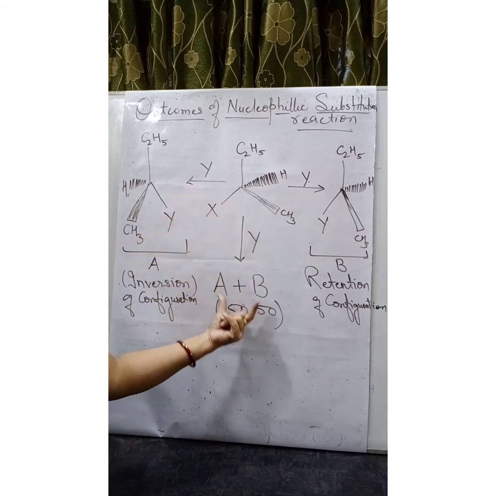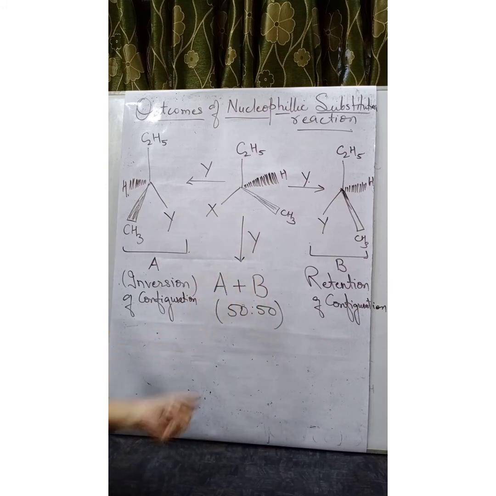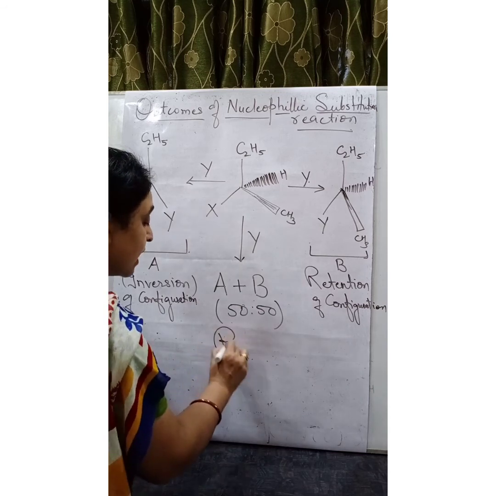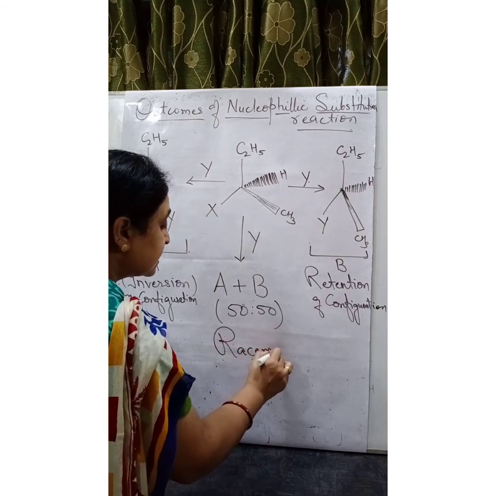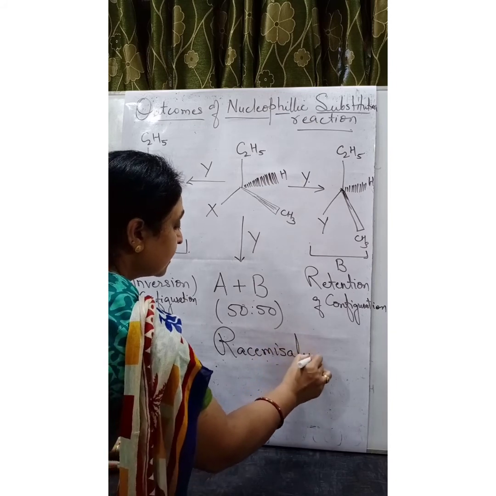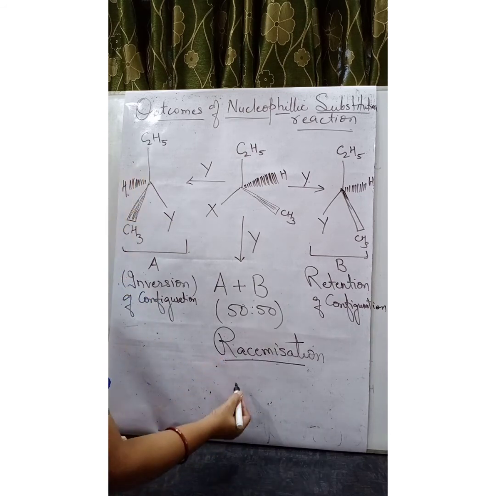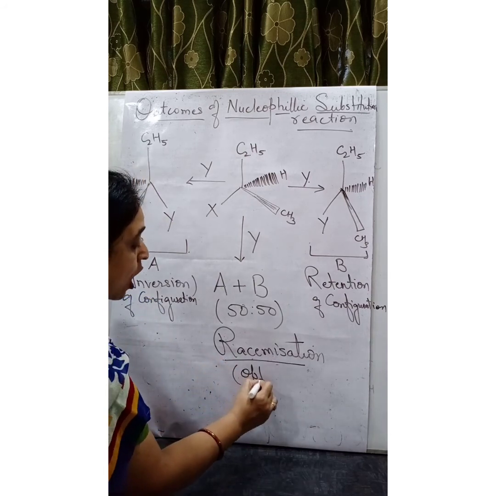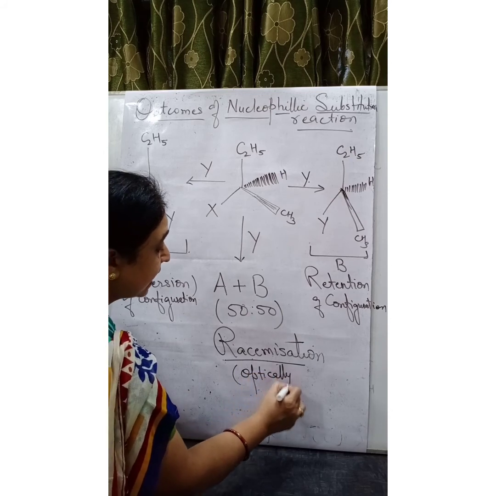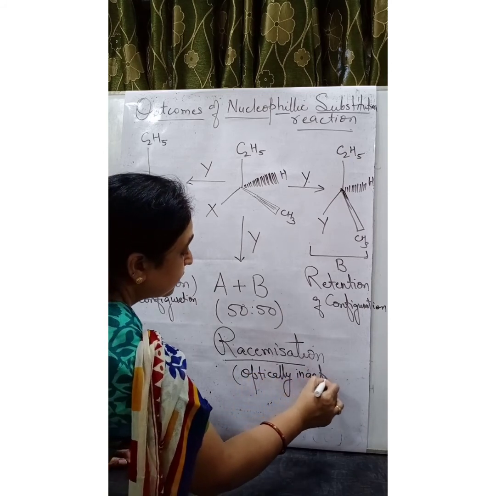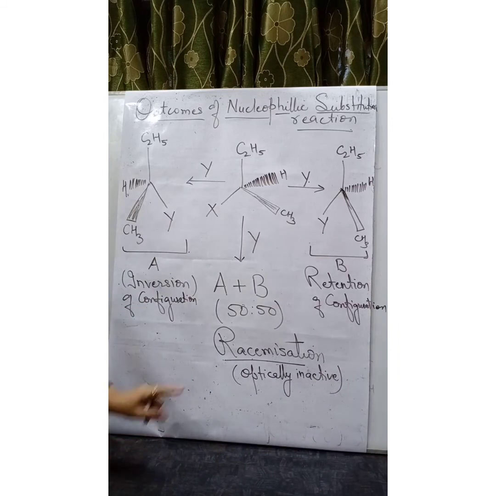Third outcome, where you are getting an equimolar mixture of both A and B, this process is known as racemization. This product is optically inactive. That means it shows zero optical activity.